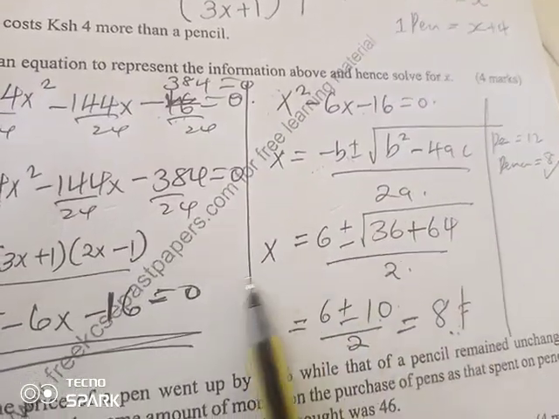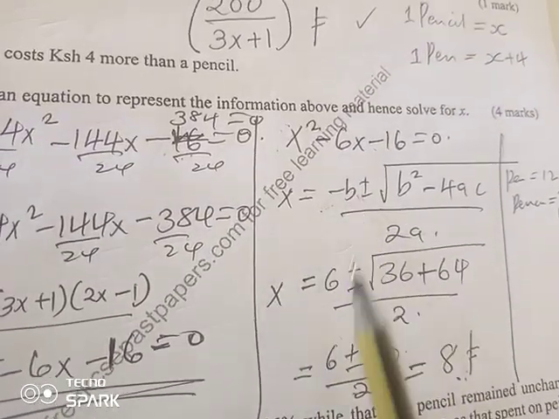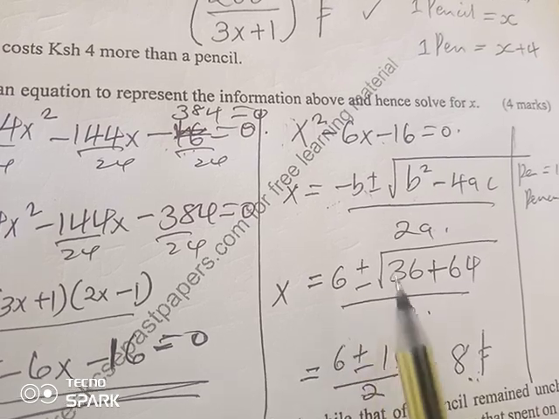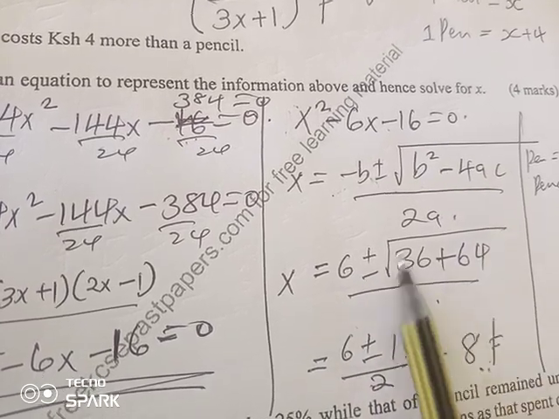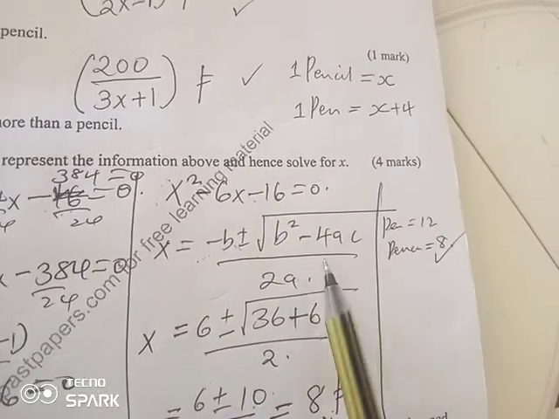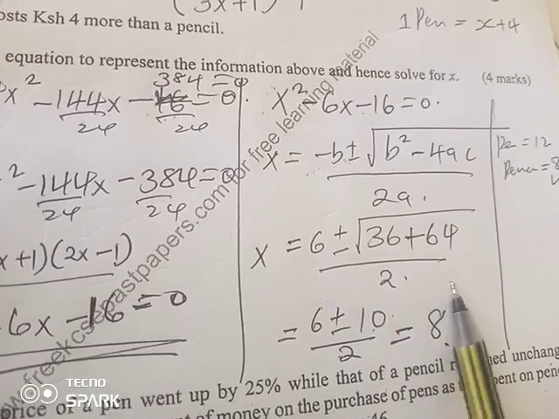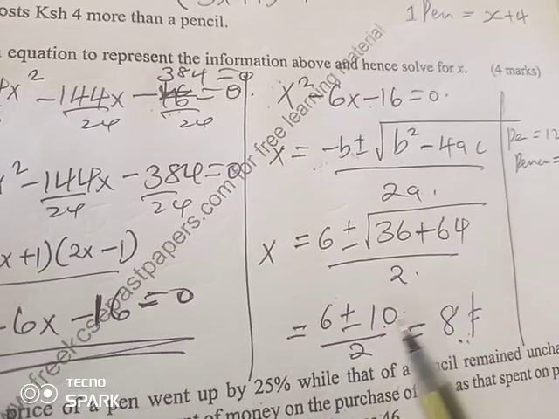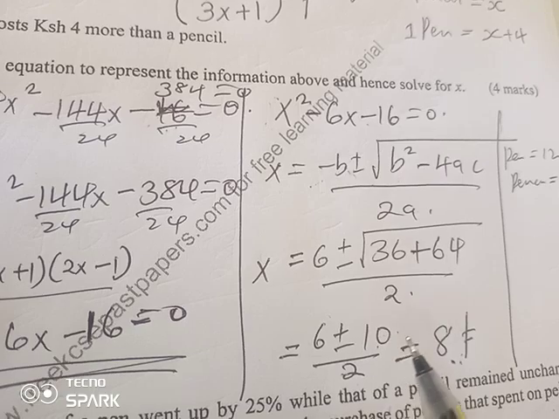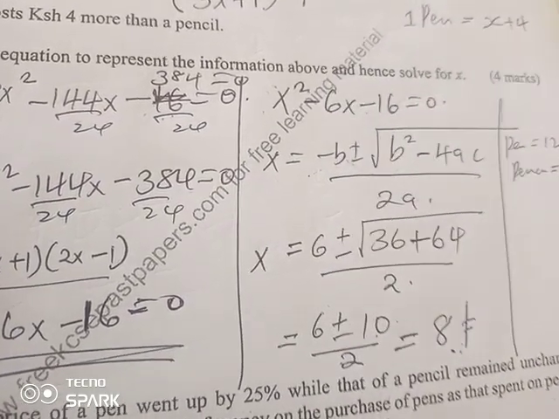Substituting correctly, we shall have minus becomes a plus, 6 plus or minus the square root of 36 plus 64, all over 2. It becomes a plus because minus times a minus is a plus. So we get two values of x, and I will only choose the positive. Why? The price of an item cannot be negative.